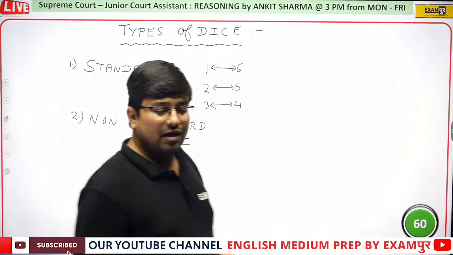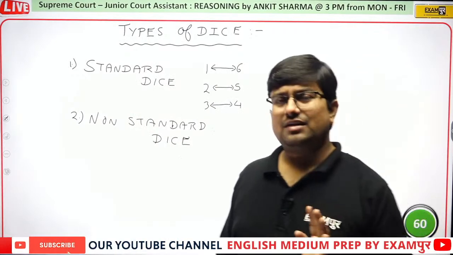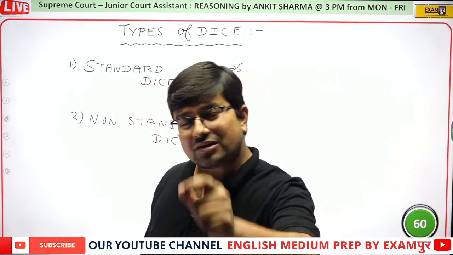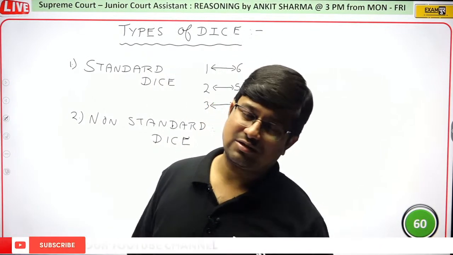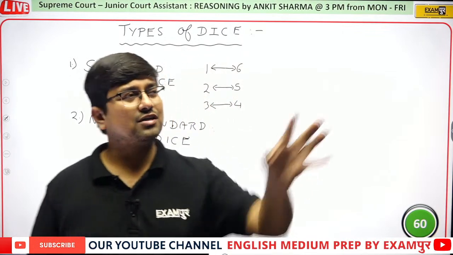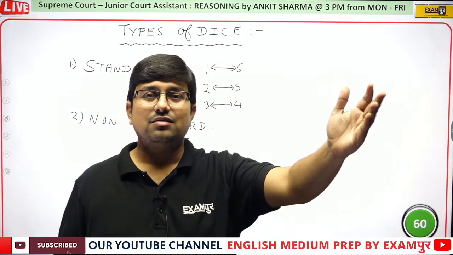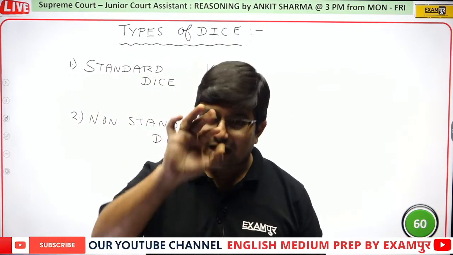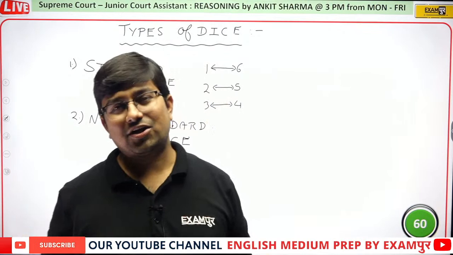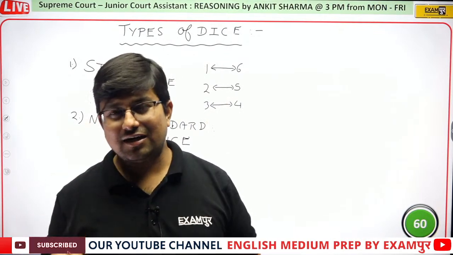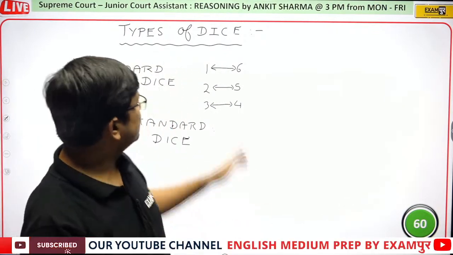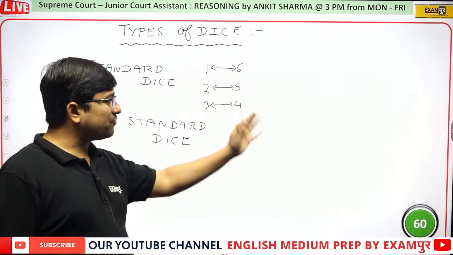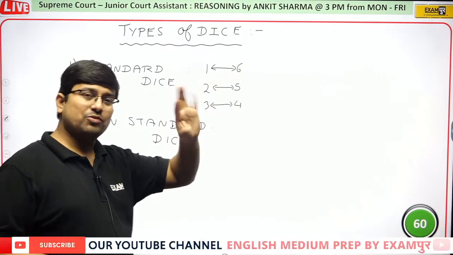Some of you are good in dice, some of you not that good, but all of you are aware of the types of questions asked from dice: what is the opposite of this, what is the opposite of that. If the questions were from a standard dice, you would say 1's opposite is 6, 5's opposite is 2, 3's opposite is 4, because the sum on opposite faces is 7.